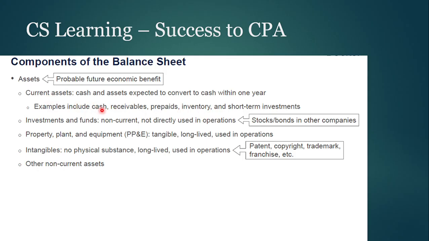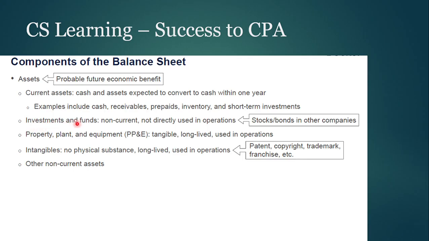Examples are cash, AR, prepaid, inventory, short-term investment. All these can be converted into cash within 1 year. Whatever receivables you have, if we are expecting to receive all our outstanding within 1 year, we can categorize them as current assets.